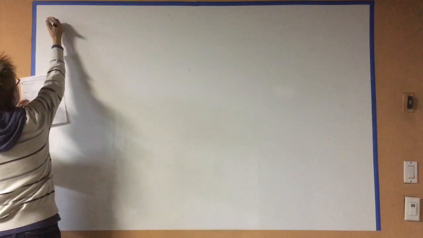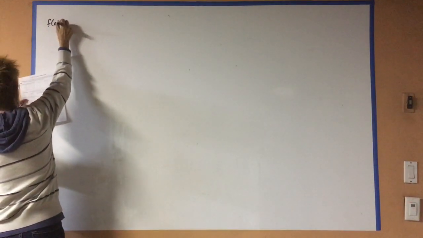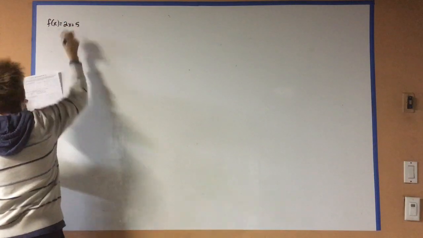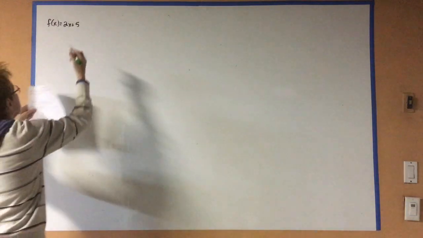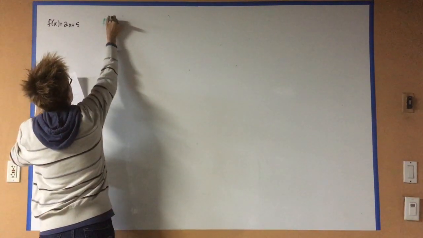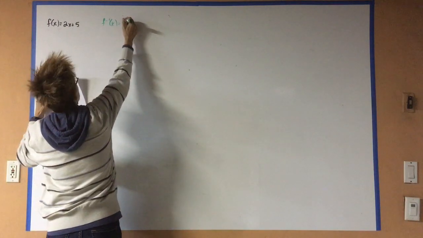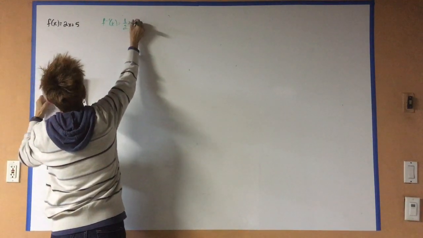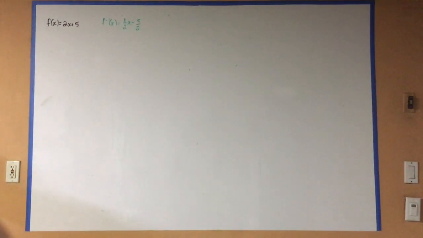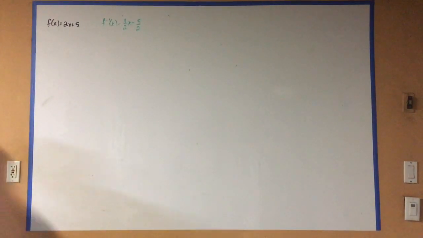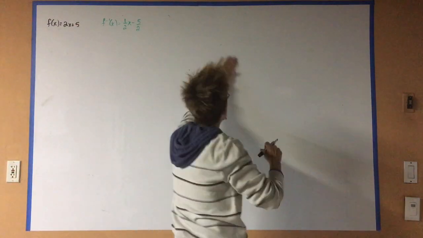So I'm going to graph f of x equals 2x plus 5. And then I'm going to graph, and I'll do it in green, the inverse function, which was f inverse of x equals 1/2 x minus 5/2. I'm going to put them both on the same piece of graph paper.